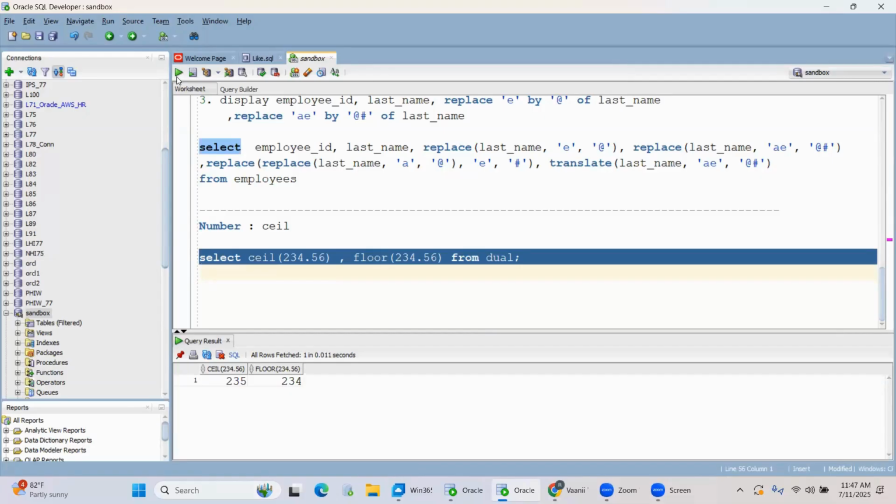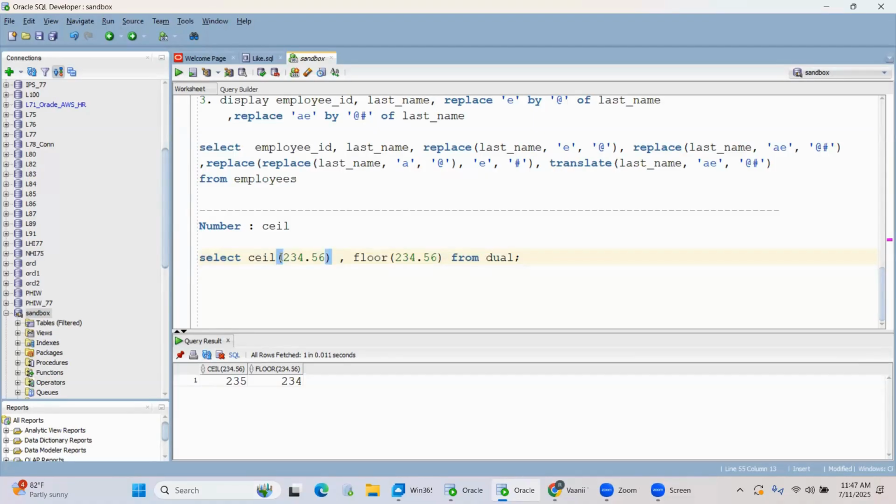See, if you are on the 234th floor, got it? And there is something in the middle. So what will be the ceil of that particular apartment? Suppose one apartment is on the 234th floor. What will be the ceiling number for that? It will be 235. And basically the floor of the apartment will be 234, right?